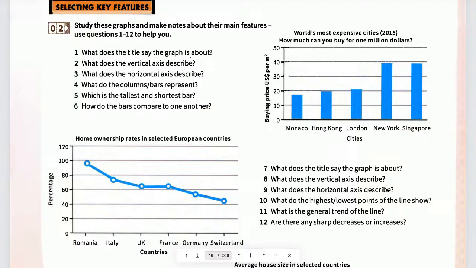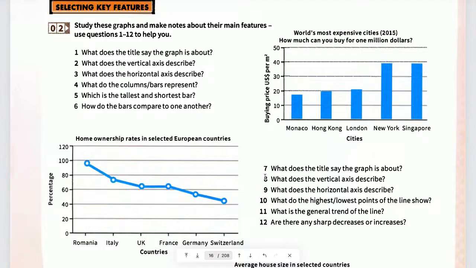So what does the title say the graph is about? When you look at the title, what is the graph about? Some cities which are most expensive in the world in 2015. Yes. So the title is mentioning the most expensive cities in the world in 2015.